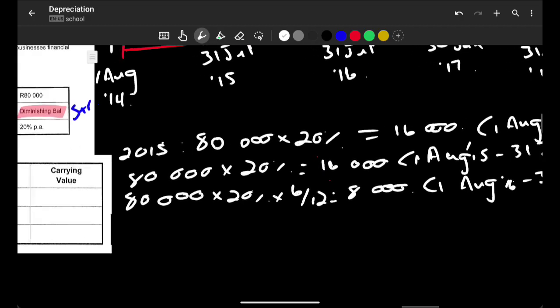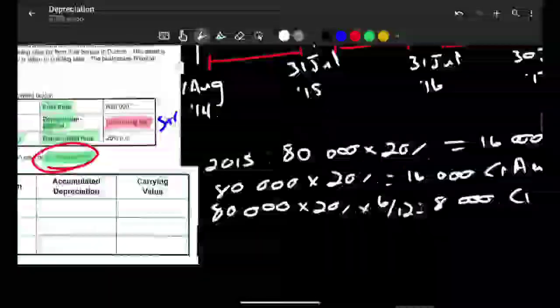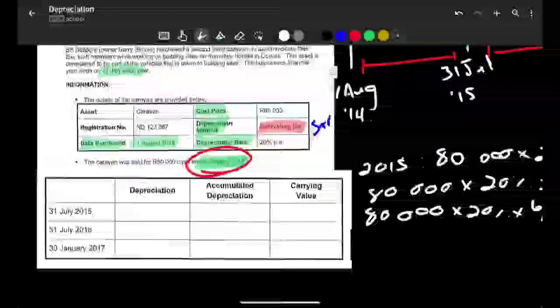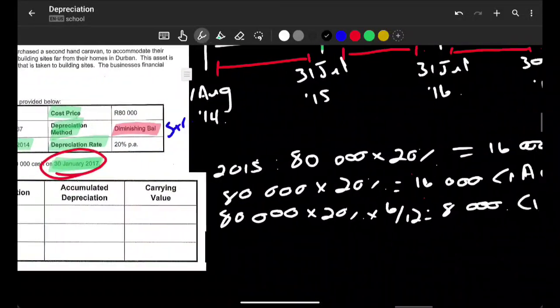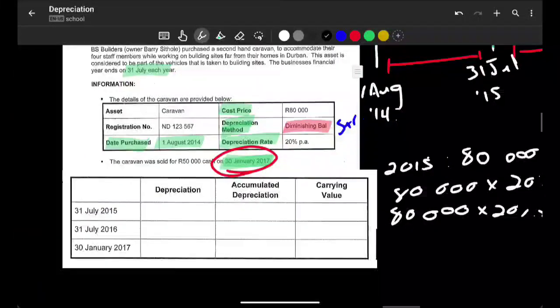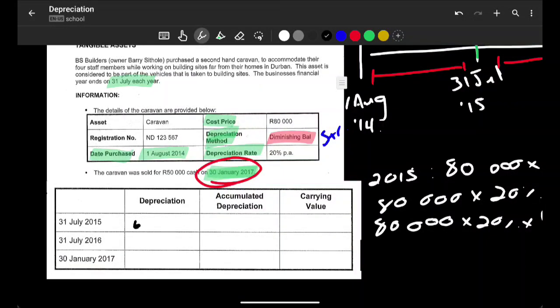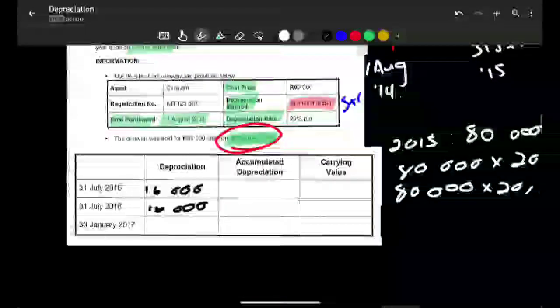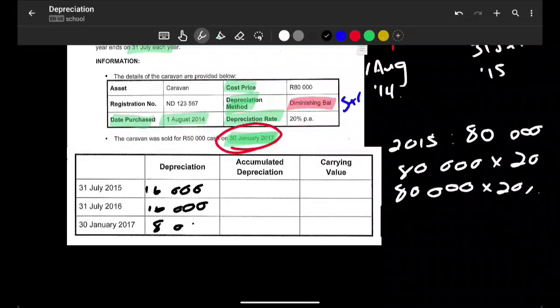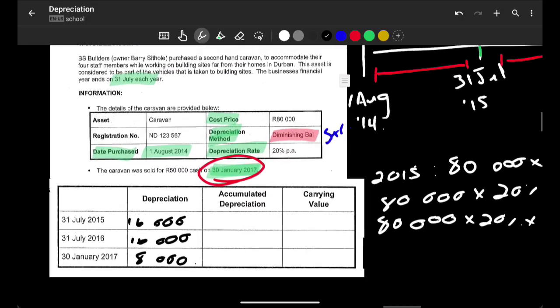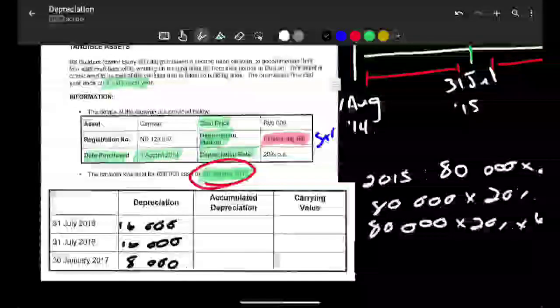Now, what is your accumulated depreciation every year? Filling this in, I totally forgot about this. Filling that in, we know that our depreciation in the first year was 16,000. Depreciation in the second year was also 16,000. Then depreciation in our last year was 8,000. Now accumulated depreciation, we said that it's the balance plus the depreciation that happened in that year.